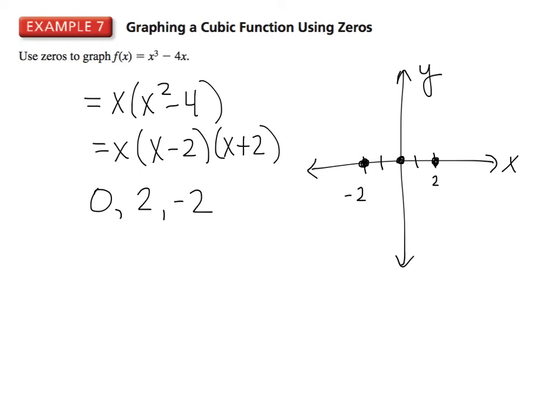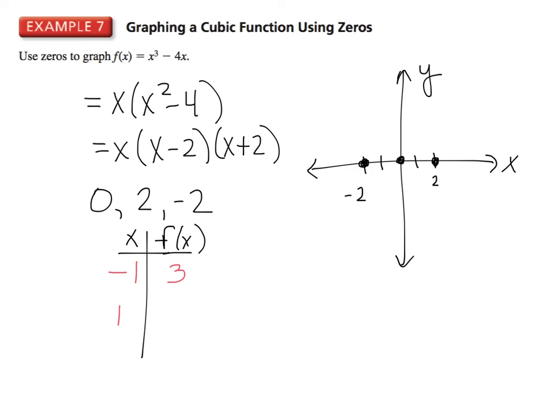So now we probably need to make a t-table and pick the points between the points. So I'm going to pick, let's see, negative 1 and 1 and plug them in. Negative 1 to the third power is negative 1. Negative 4 times negative 1 is 4, so that's going to be negative 1 plus 4. I'm just going to tell you what they are. If you plug in negative 1, you're going to get 3.